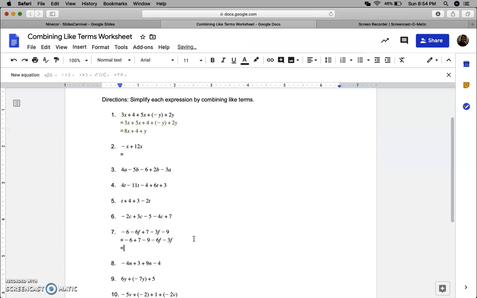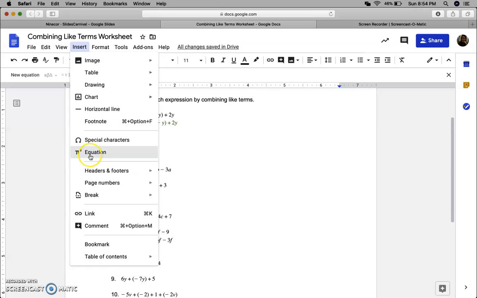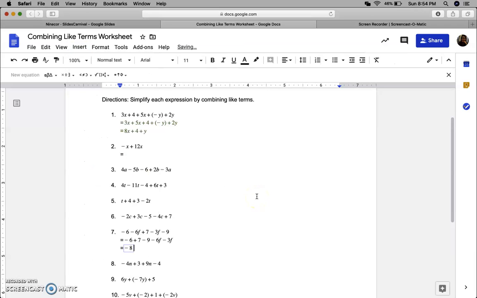Now enter equals. Now I'm just thinking, what's -6 plus 7 minus 9? -6 plus 7, that's just +1. +1 minus 9 is going to be -8. Insert equation -8. And then now I need to combine the -6f and the 3f.